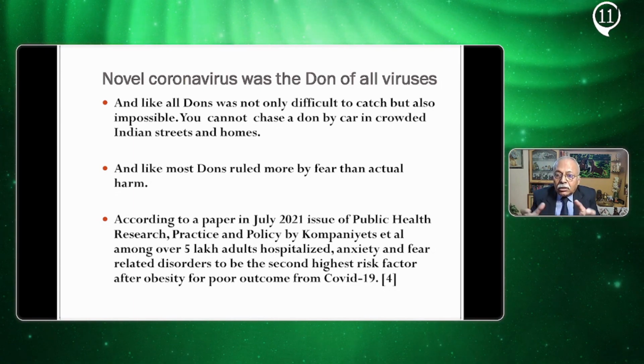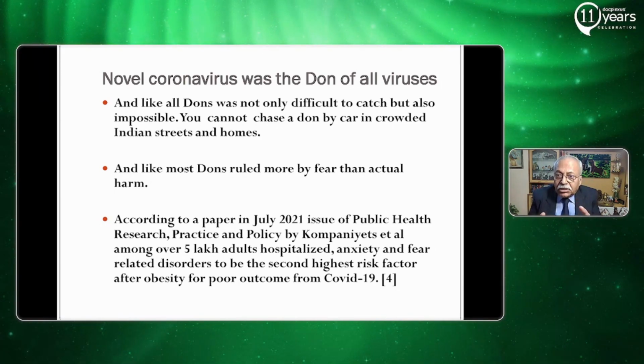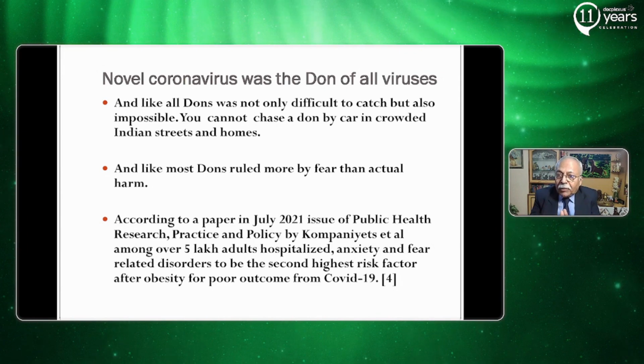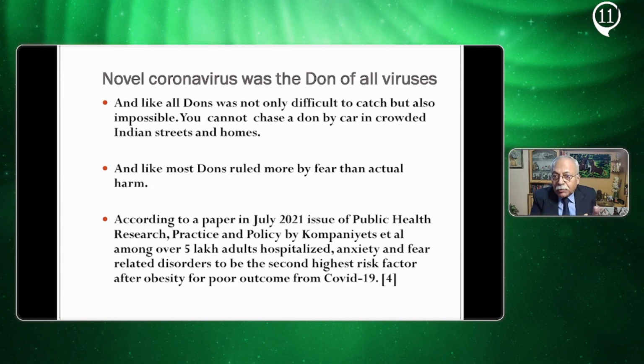They found that the biggest risk factor for severe disease, hospitalization, and death was obesity, followed by anxiety and panic. People who have anxiety and fear related disorders had the highest level of severe disease and outcome. So, unnecessarily creating panic by test, trace, when it is of no impact, as we have established by the figures.